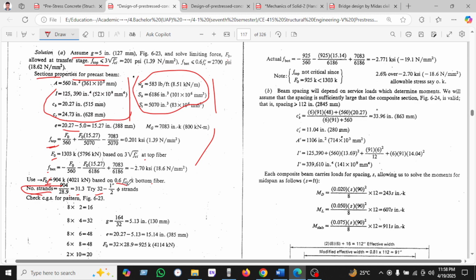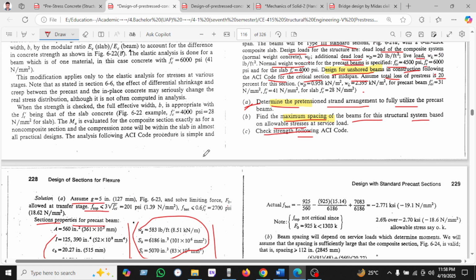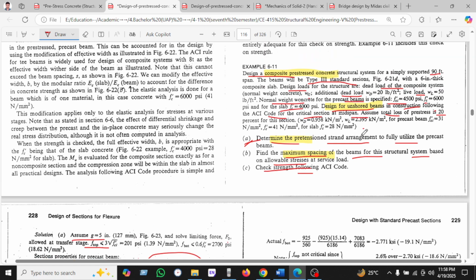I will calculate the 28.9. Let's see. 28.9. It is given somehow. 28 is given as f prime c.